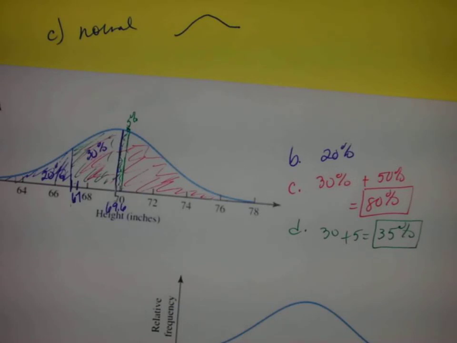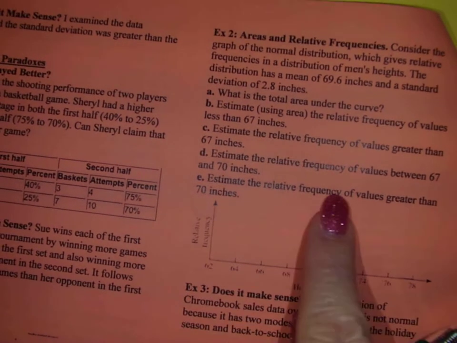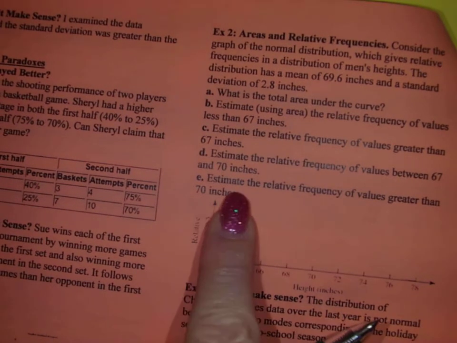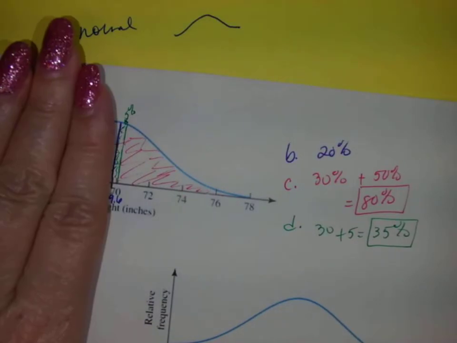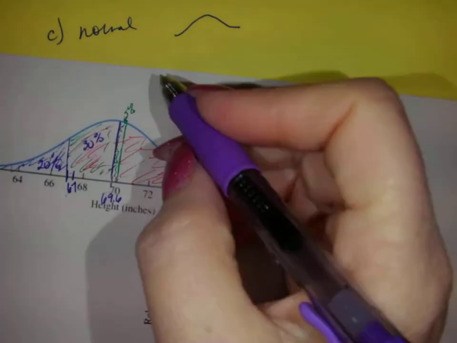All right, and then part E says estimate the relative frequency of values that are greater than 70. So I want the greater than 70 part. So that means we're going from 70 and up. So let's pull another color. Let's see if this purple will make a difference.